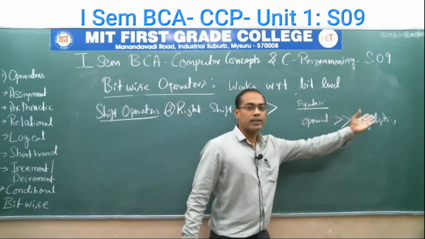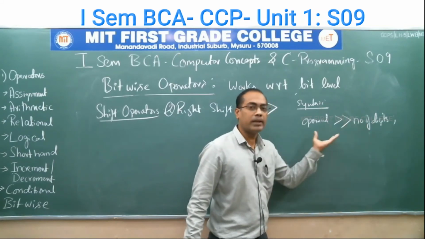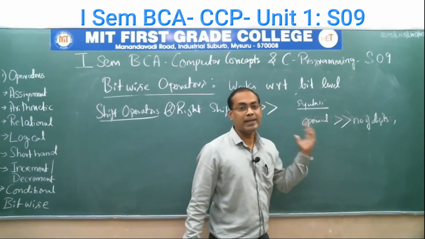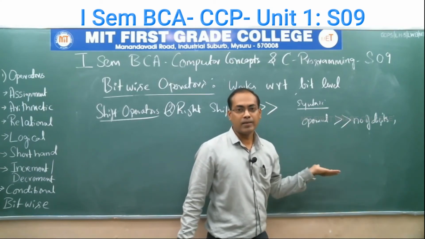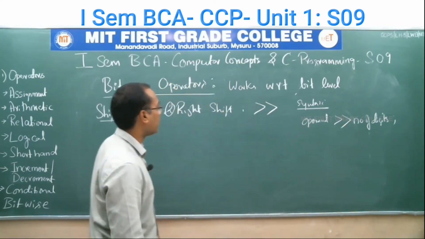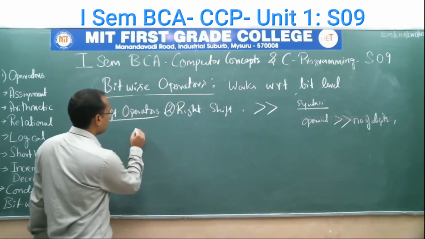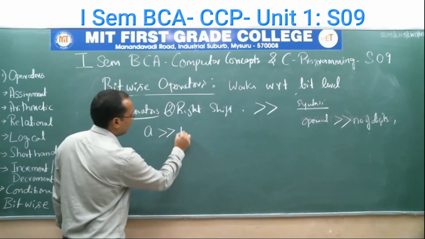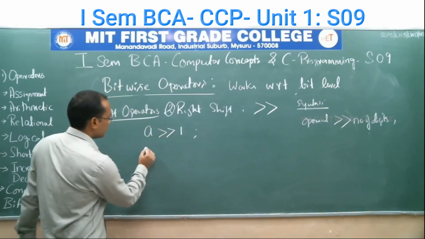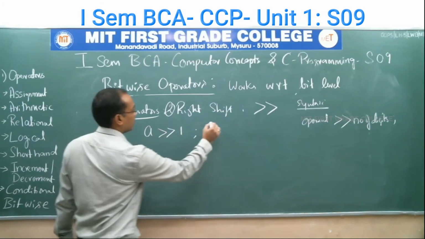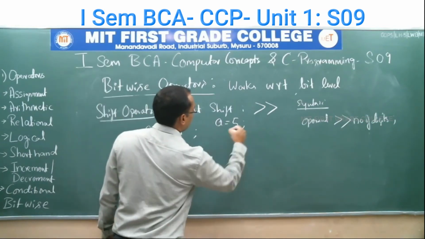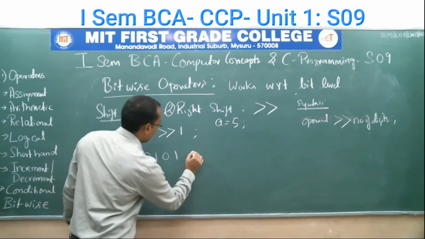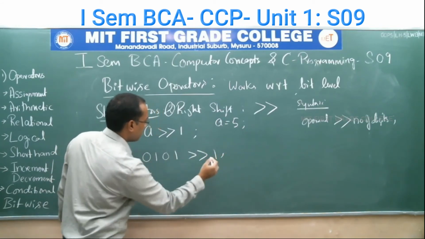As I told you, the number of digits indicates how many shifts you want to perform on the operand at bit level, either right side or left side, depending on the operator you are using. We'll take the same example, A right shift 1. So what is the value of A? As we took in the earlier example, A is equal to 5. 0, 1, 0, 1.